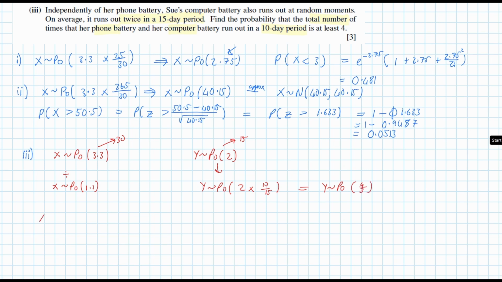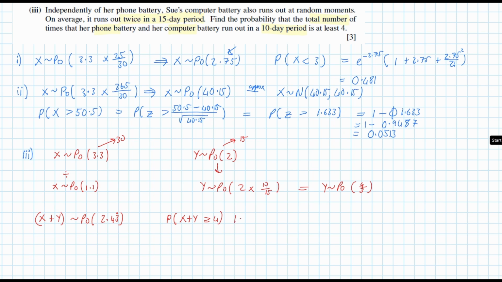Therefore X plus Y, because this is the total number of times that they run out, is also Poisson, and we add those two together, 1.1 plus 4 over 3, which ends up being 2.43 recurring. And we want to find the probability that X plus Y is at least 4, so greater than or equal to 4.